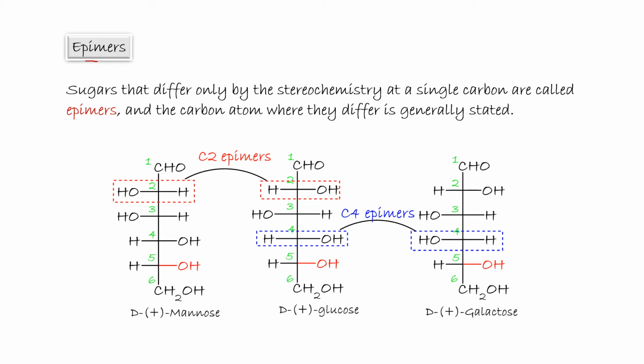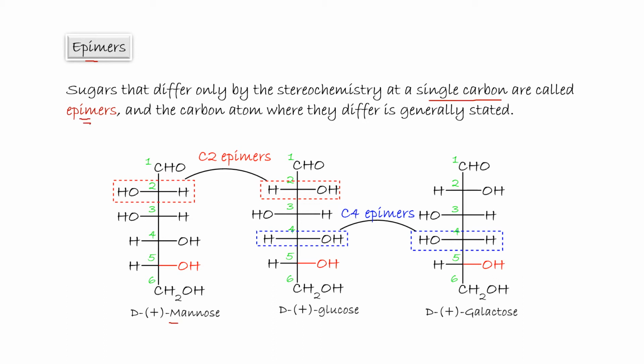As we mentioned, the relation is diastereomers. However, if they are the same except in a single carbon where the stereochemistry is changed, sugars that differ only by stereochemistry at a single carbon are called epimers.